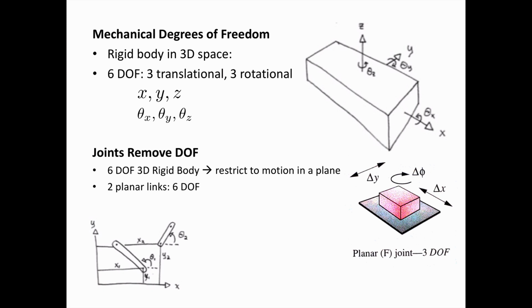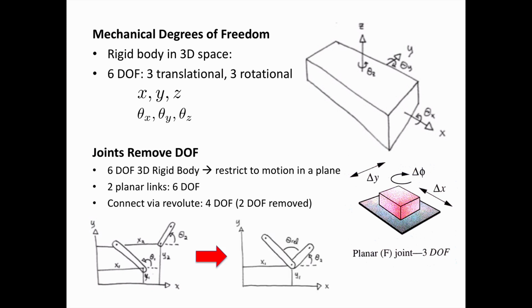So what happens if we link these 2 together with a pin joint or revolute joint? How many total degrees of freedom does the system have? In this case, adding the revolute joint removes 2 degrees of freedom. Here is just one possible way of defining the position of this system.